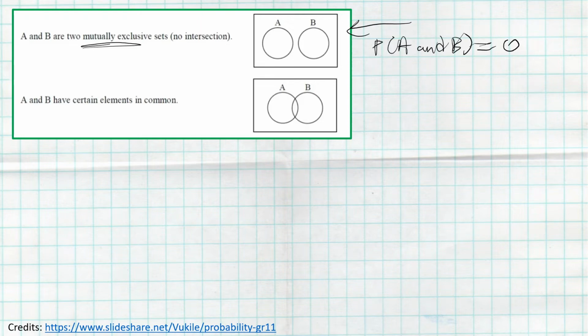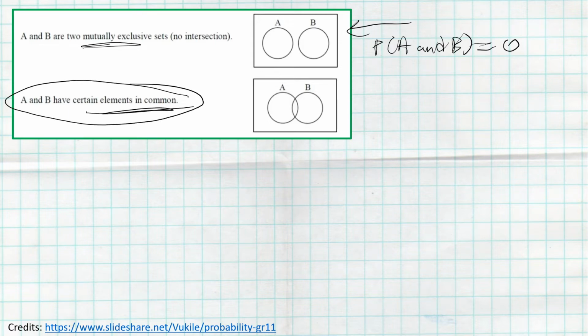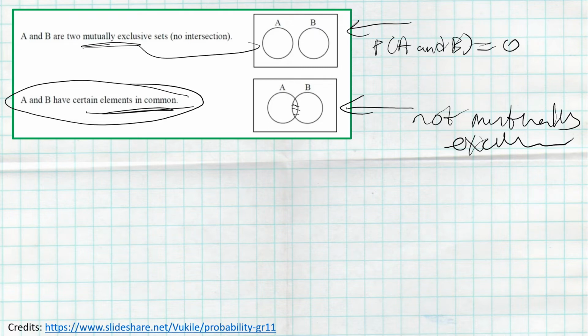If they are not mutually exclusive, they will have certain elements in common, and that's how your Venn diagram will look. You have the intersection between A and B to show they have something in common. Then we say these ones are not mutually exclusive, but these ones are mutually exclusive.